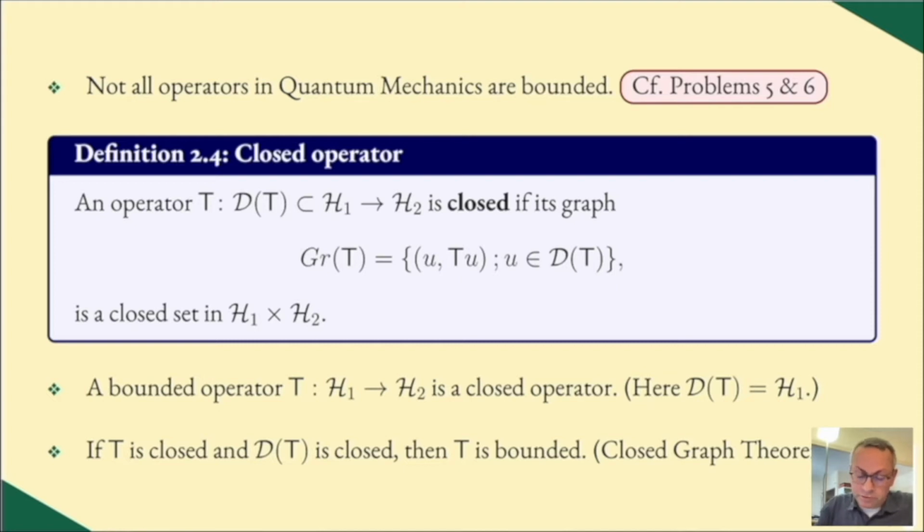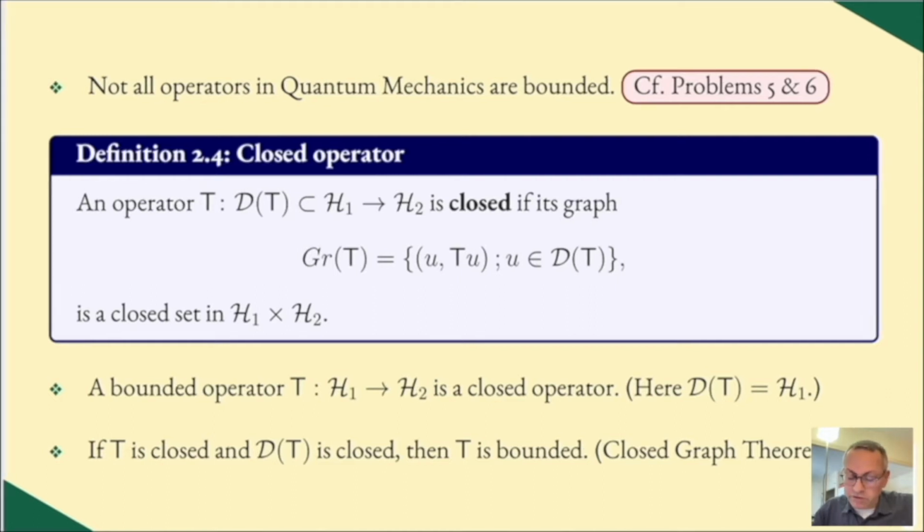You consider an operator between two Hilbert spaces, and you would say that it's closed if its graph is a closed set in H1 times H2.